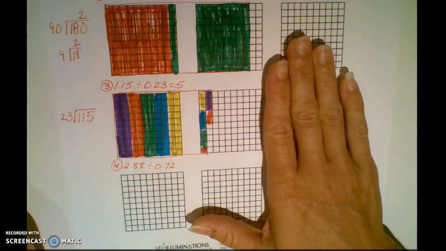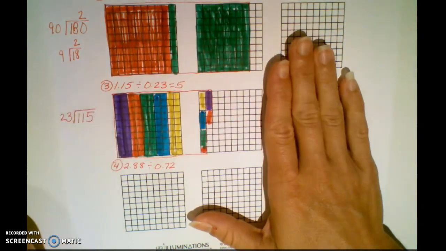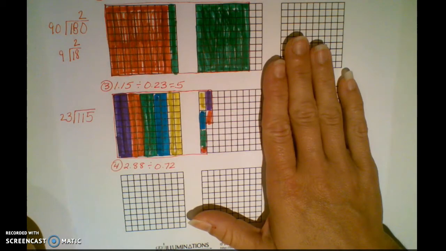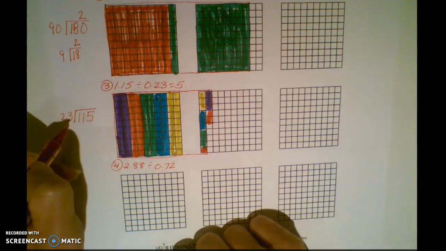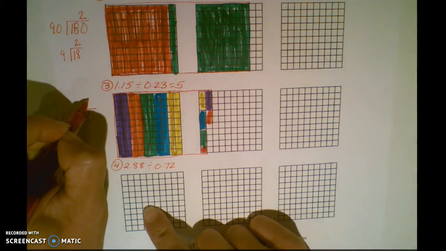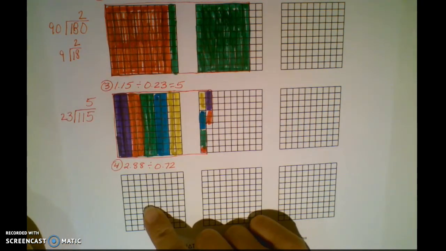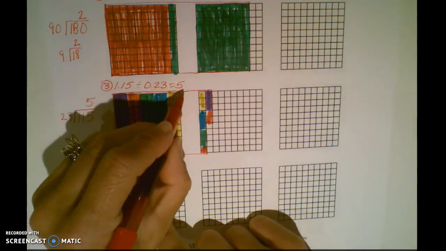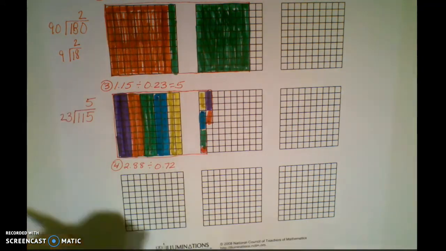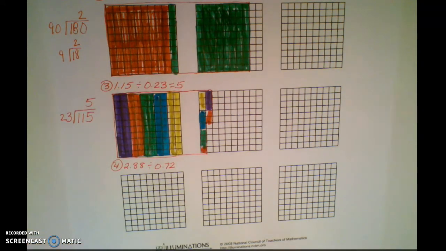Now pause the video and go ahead and work this out and see what you get. All right, you done? When I took 115 and divided by 23, I got 5. Ooh, 5, 5.